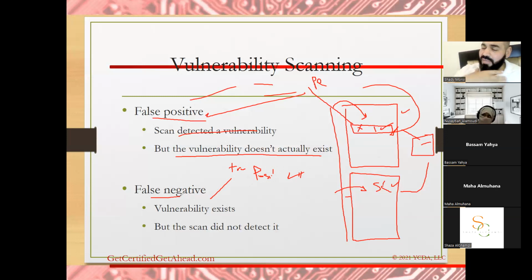I mentioned to you how scanners work. The scanner has a database, an updated database of all the vulnerabilities that exist up until a certain time. It scans your system and compares it with the vulnerability database, and when there is a match, it highlights it in the report.